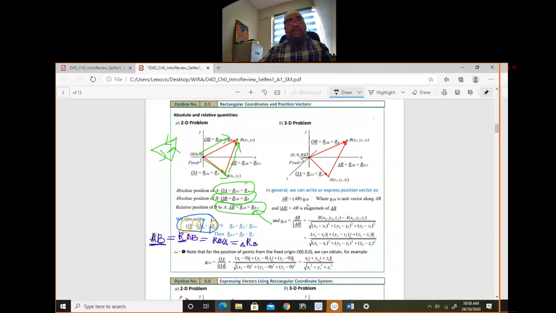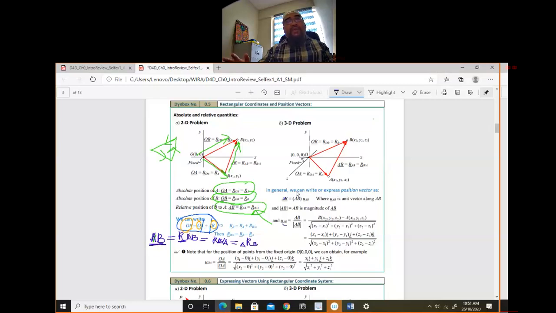Okay, look here, a unit vector. A unit vector has a length of one unit. So here you have AB, and then AB again, this is AB with one unit length, multiplied by the vector u_AB.